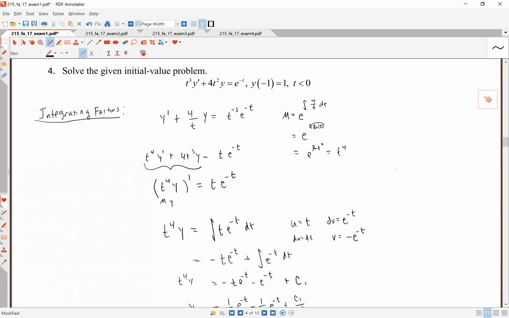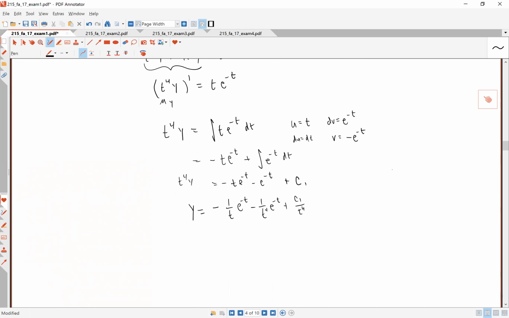We know that y of negative 1 is 1. y of negative 1 is negative 1 over negative 1, which is 1, e to the first.